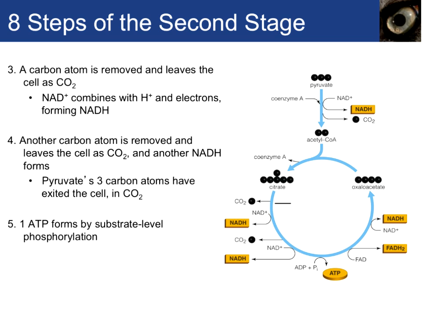Also another NADH forms. So pyruvate's 3 carbon atoms at this point have exited the cell in the form of carbon dioxide. And 1 ATP forms by substrate level phosphorylation. So substrate level phosphorylation just means anything that's not phosphorylation through electron transfer. So you're making ATP not using the electron transfer chain.